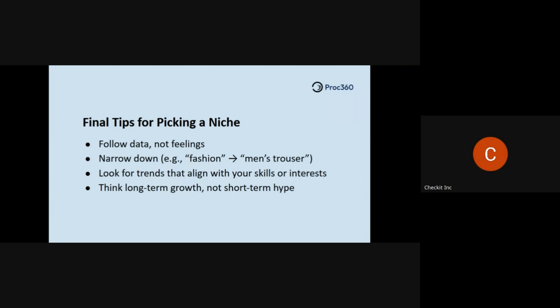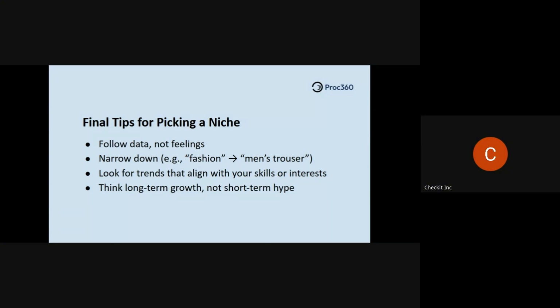Then lastly, you should think long-term growth, not short-term hype. I think I mentioned that earlier, the whole rising and top, right? When it's rising, you just want to follow the vibe, follow what's moving and the heat, but it is advisable to think long-term growth and not short-term hype.